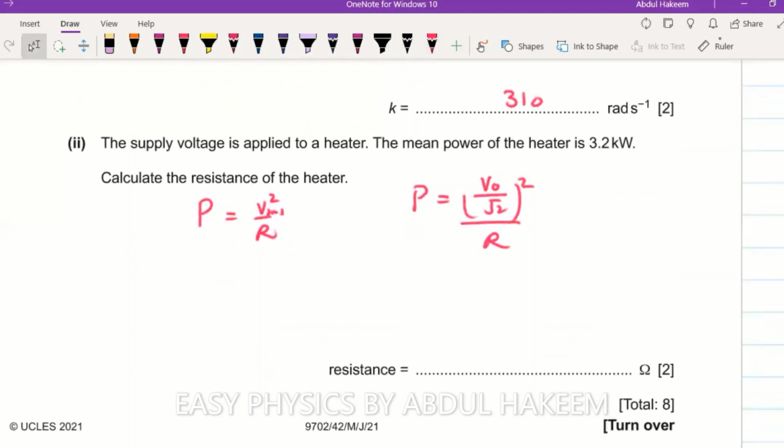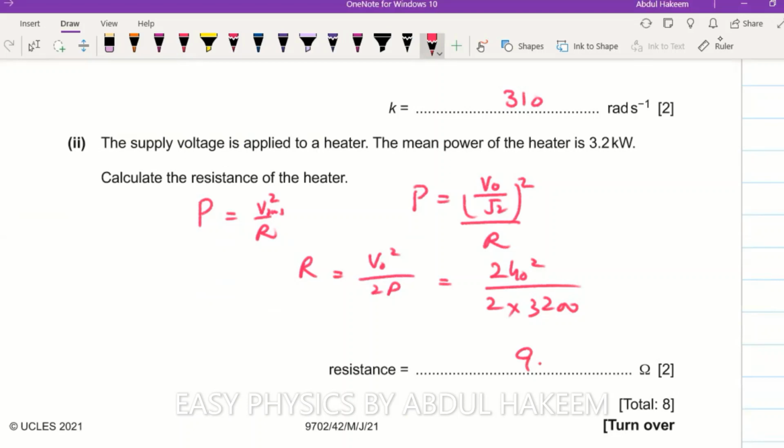So the resistance is equal to V naught square divided by 2 times power. So it is 240 square divided by 2 times 3200. So the calculation answer is 9.0.